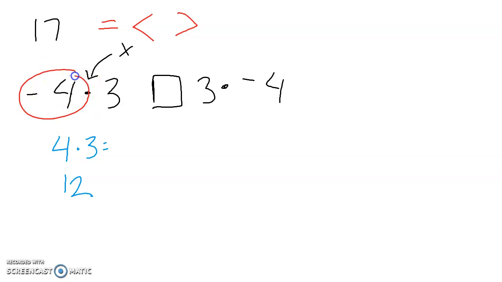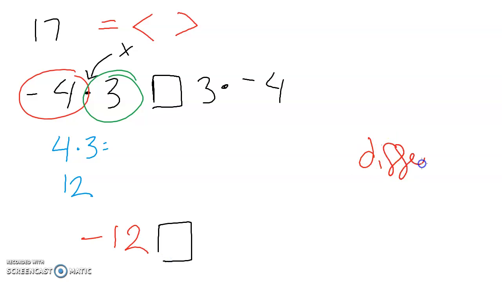I have 1 negative and 1 positive. So I'm multiplying things with different signs, which means my final answer is going to be negative. When you multiply or divide numbers with different signs, your answer is going to be negative. When you multiply or divide numbers with the same sign, your answer will be positive.